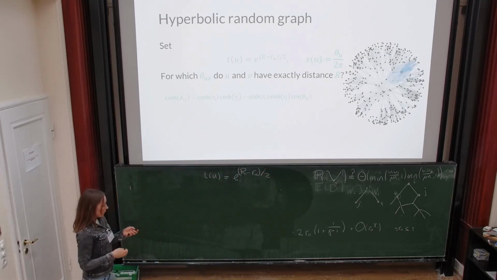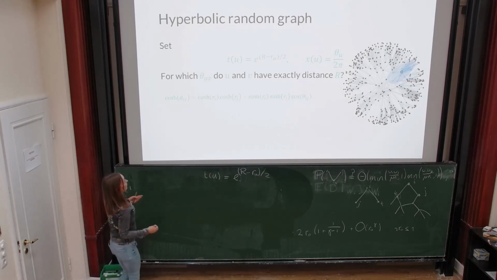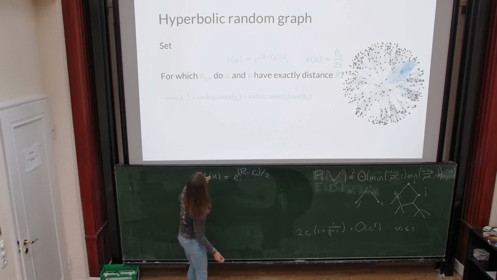Now, we want to show something like what we had before: that given the weights, the connection probability was roughly the product of the weights divided by the mean weight and n.